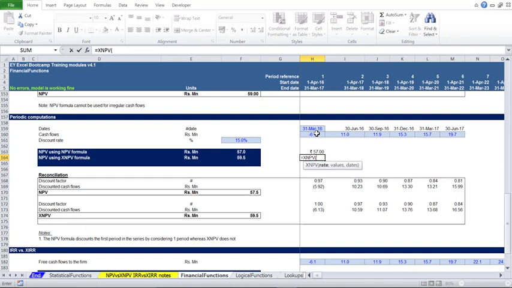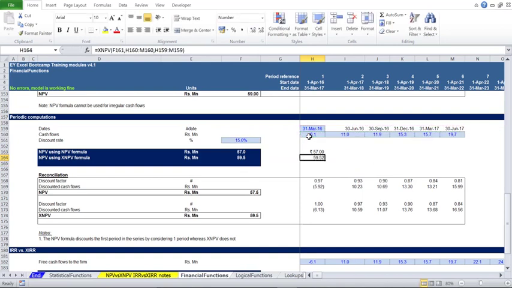Now, as we know, the XNPV function is smart enough to determine the periodicity of the cash flows. So we don't need to convert the rate of interest in the case of the XNPV function. We can simply refer to the rate, the values and the dates. We close the bracket, press enter.